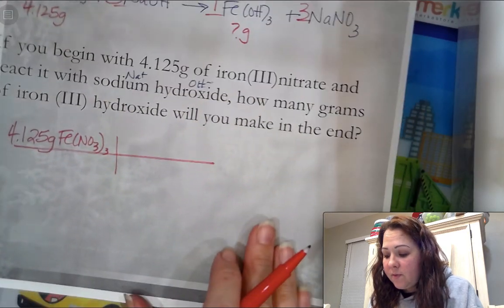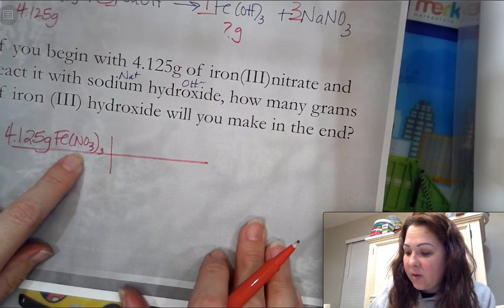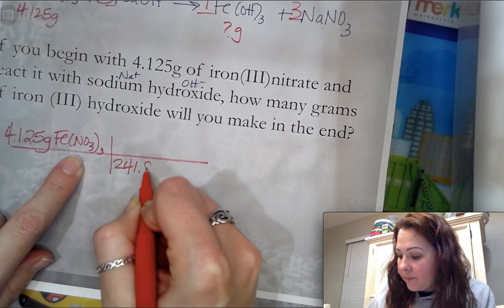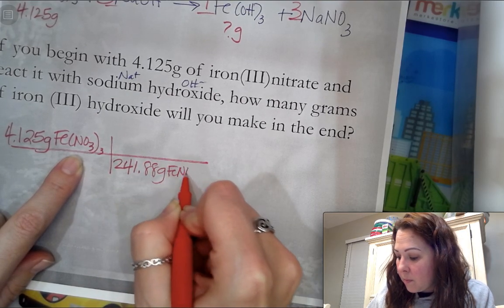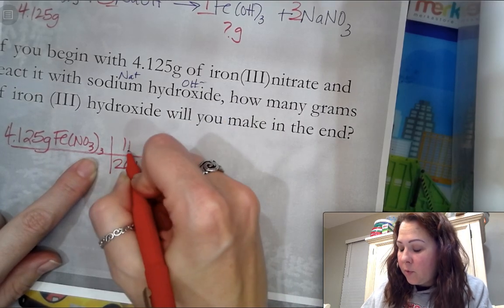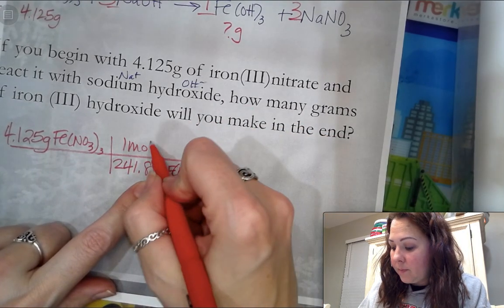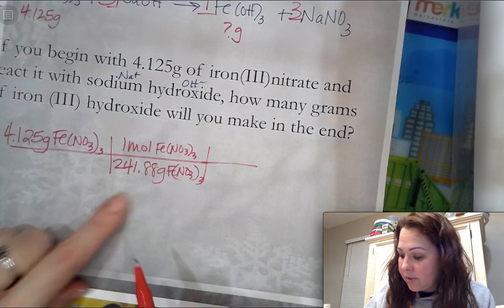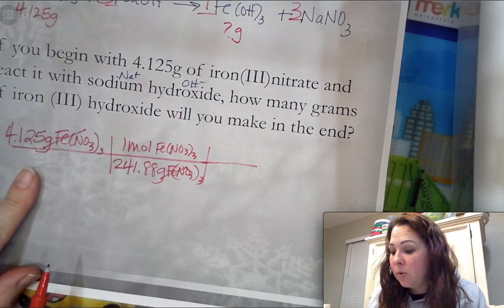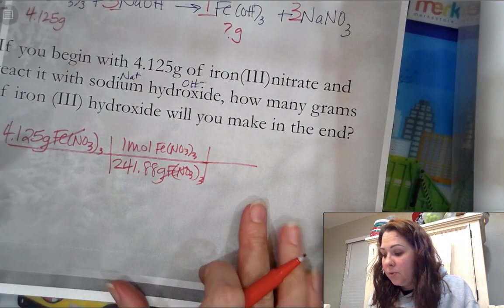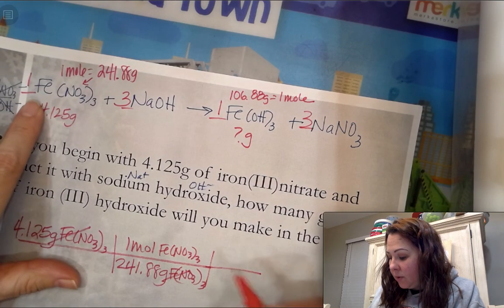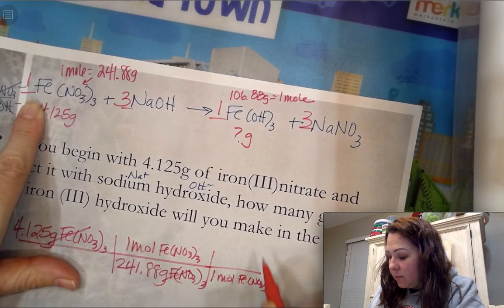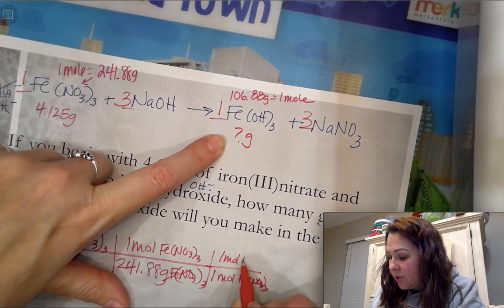So I have 4.125 grams of iron 3 nitrate. To get rid of grams, grams has to go in the bottom to cancel. So 241.88 grams was the mass of 1 mole. Once I get rid of grams and turn it into moles, that's when I can use my mole-to-mole ratio. My mole-to-mole ratio says for every 1 mole of the Fe(NO3)3, I have 1 mole of the Fe(OH)3.